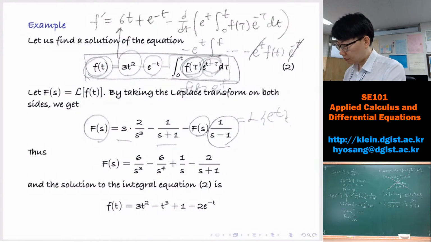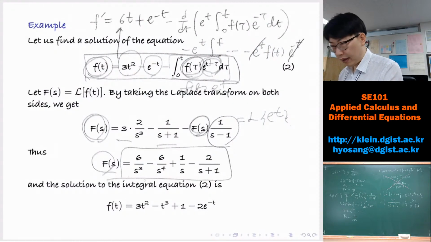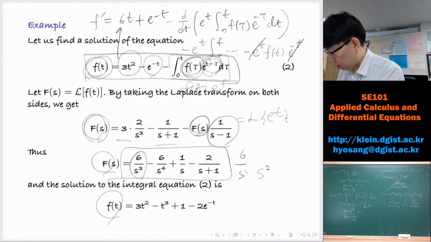So let's combine this, and then rewrite F of s only in terms of s. Then take the inverse Laplace transform. What happens to 6 over s cubed? 6 over s cubed is s to the power 2 plus 1, over 2 factorial, times 3, right?